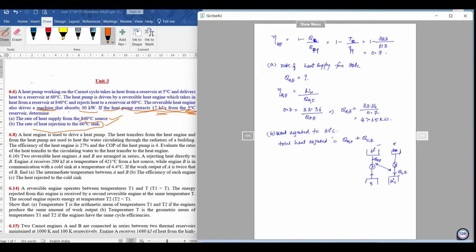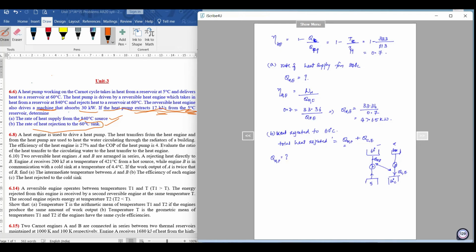So this we already know, what is QH of pump. Did we calculate that earlier? I think we did not, we have to calculate. So QH of P equals how much?